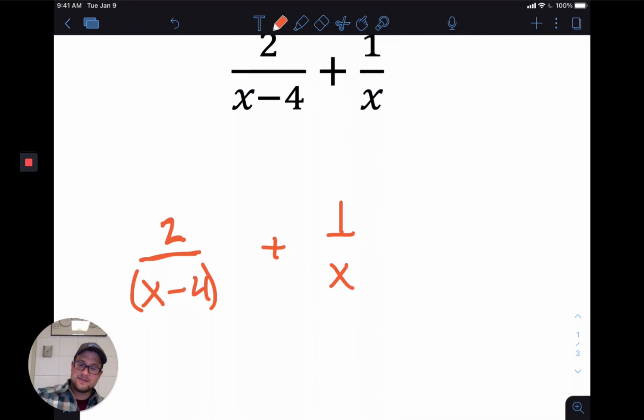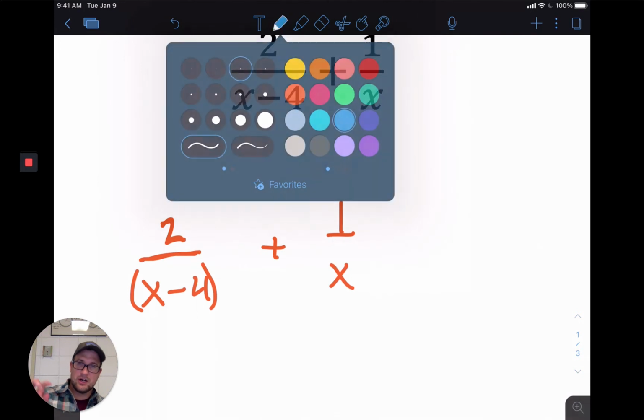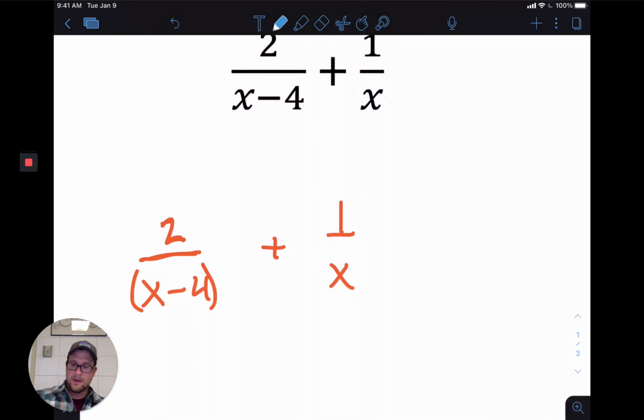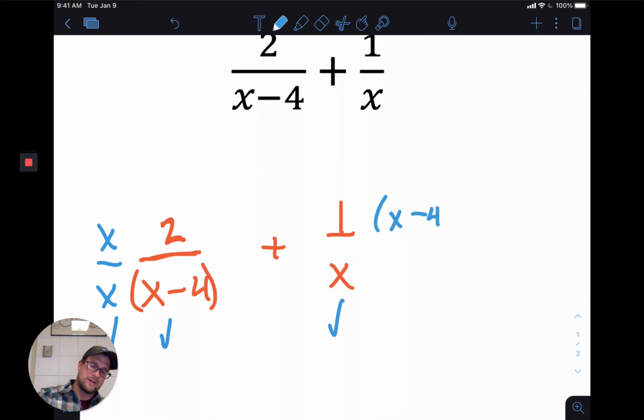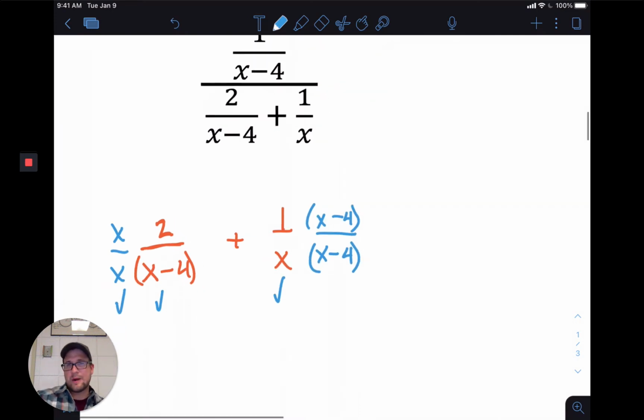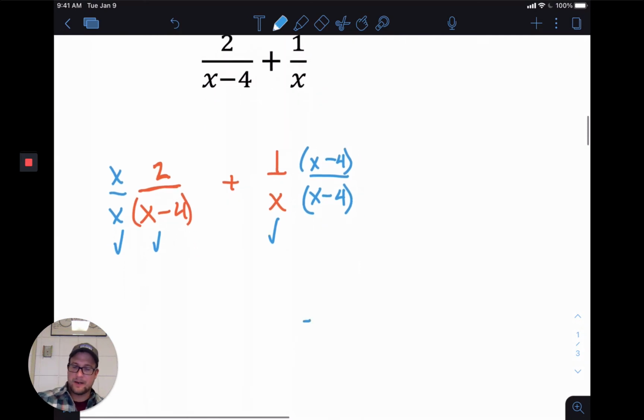Instead, since this first term is missing just an x term, we're going to multiply this by x over x. So now they both have an x in common. Since the second fraction over here is missing this x minus 4, we're going to make sure we multiply this by x minus 4 over x minus 4. Now we will have arrived at a spot where we have a common denominator.